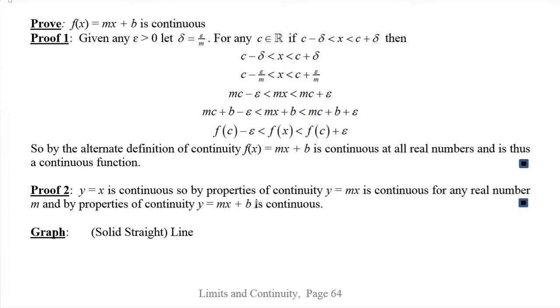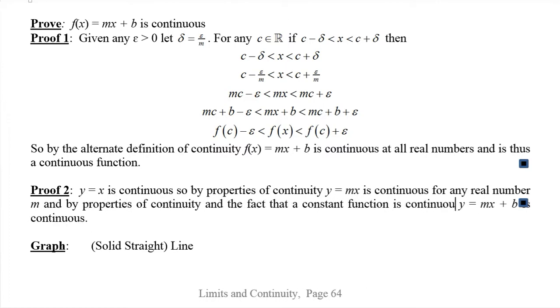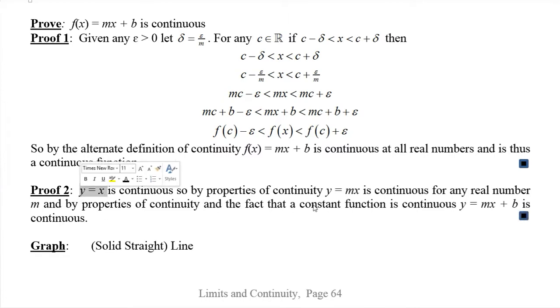A constant function is continuous. So we built that up out of the facts that the identity function is continuous, a constant function, y equals b, is continuous, and the sum of two continuous functions is continuous. And so that builds that up.